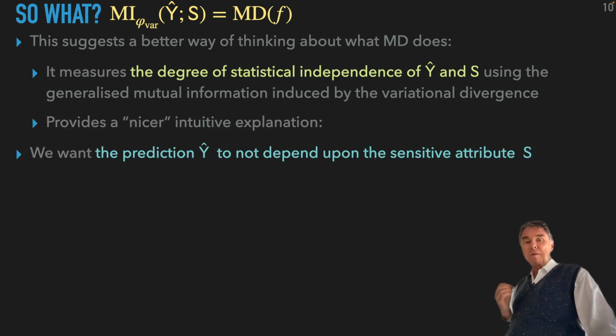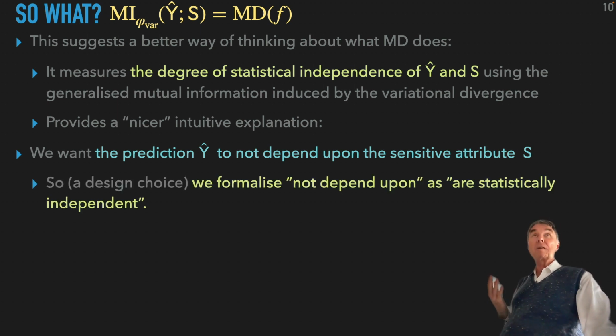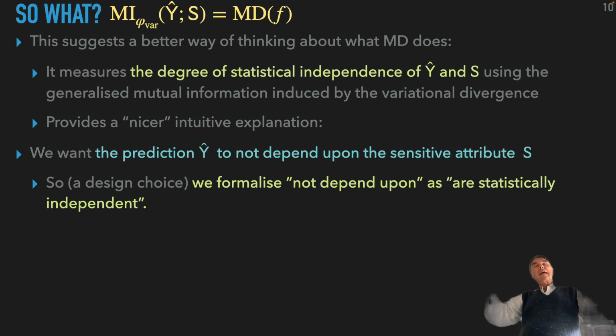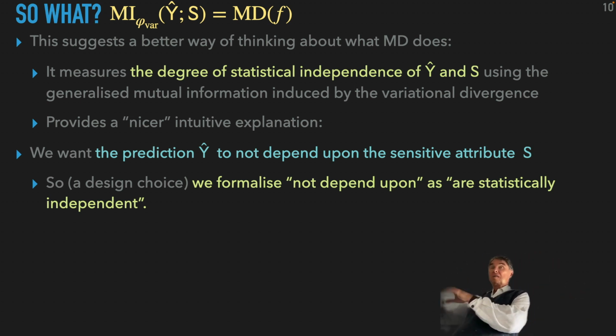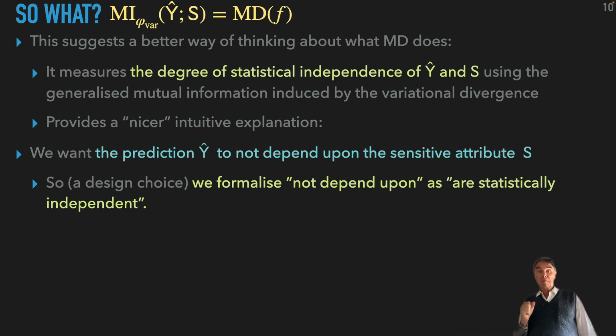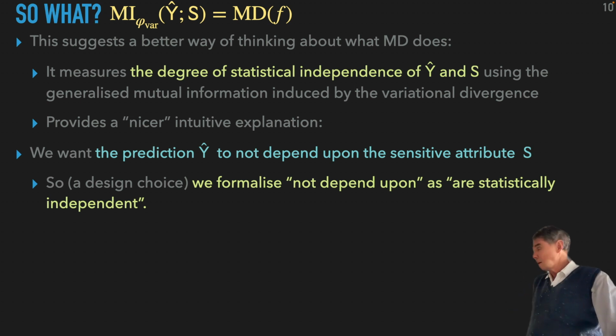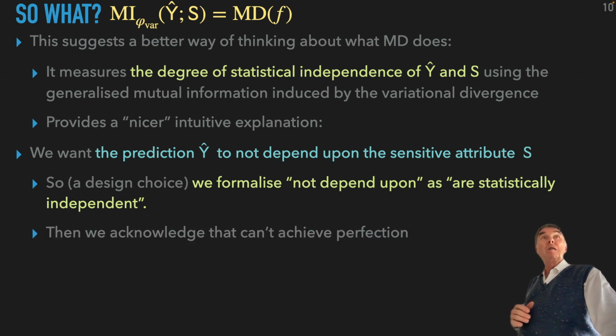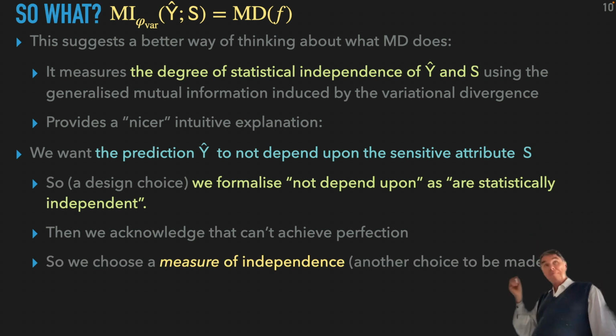It gives a nice intuitive explanation. You want the prediction y hat to not depend upon the sensitive attribute s. Not depending gets formalized as being statistically independent. That's what I just said. And we acknowledge we can't achieve perfection, so we have this measure.